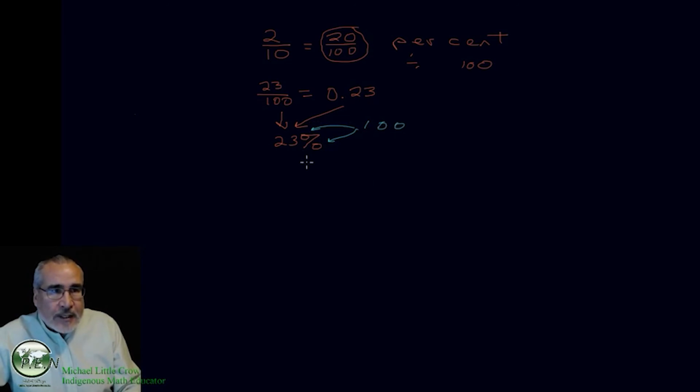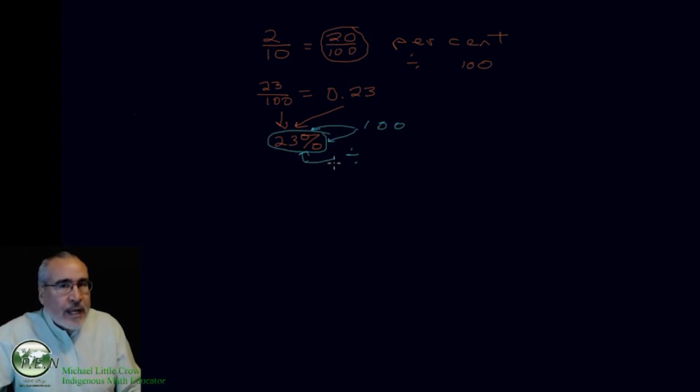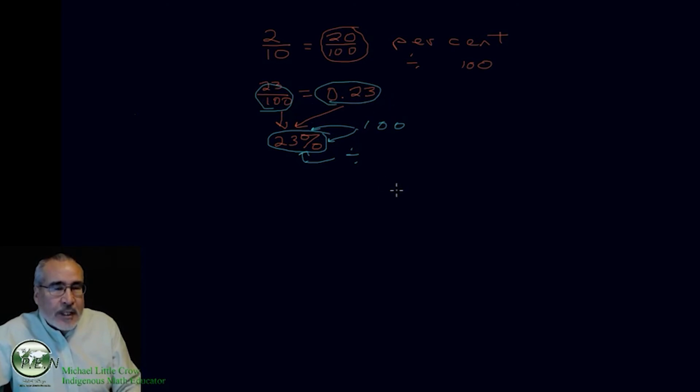And the bar is a symbol for division. So it's literally meaning 23 divided by 100. But this is really no longer a number, it's a label, it's a name. It's something we can't do math with, but we can represent an answer as 23%. If we're going to do the math, we're going to need to use either one of these forms, and probably the decimal form is going to be the most beneficial.